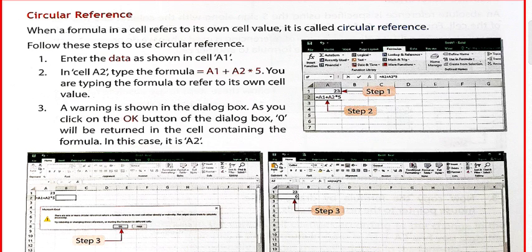Now in cell A2, type the formula equal to A1 plus A2 into 5. Then a warning is shown in a dialog box. As you click on the OK button, 0 will be returned in the cell containing the formula. In this case, it is A2.